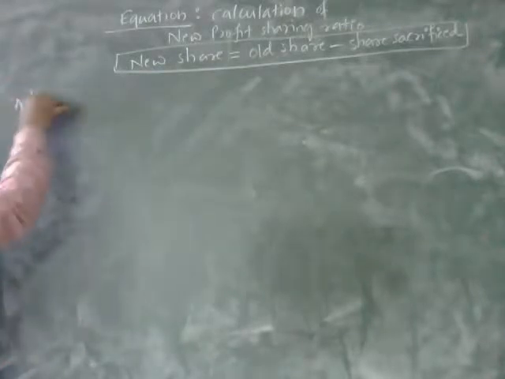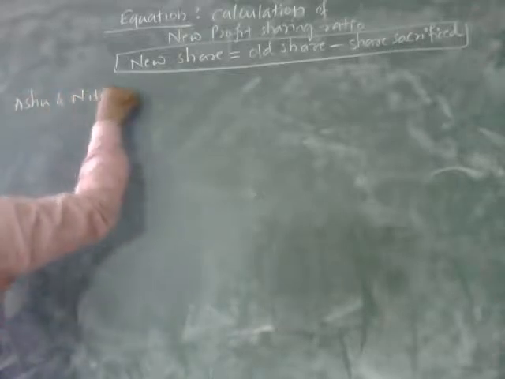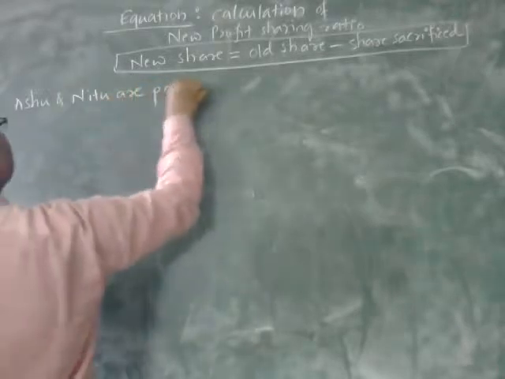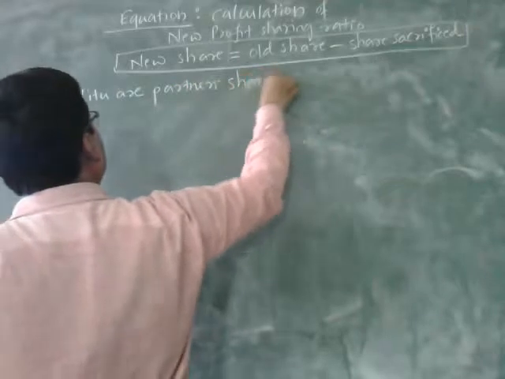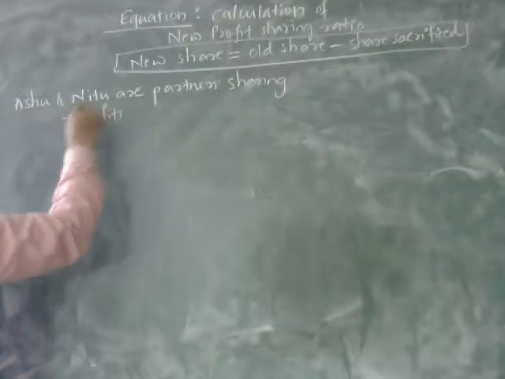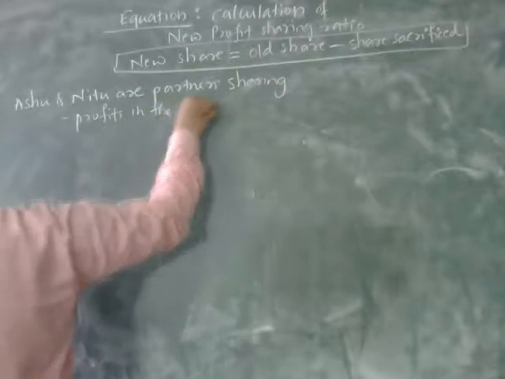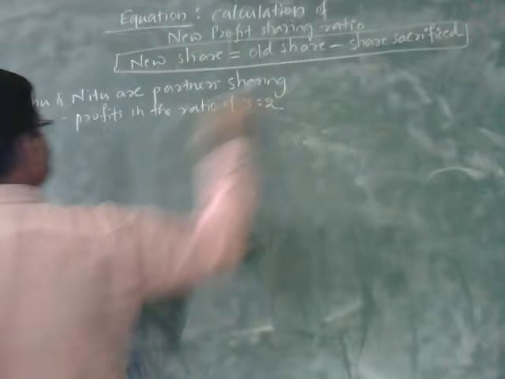Ashu and Neetu are partners sharing profits in the ratio of 3:2.